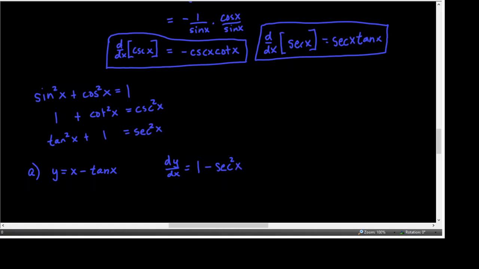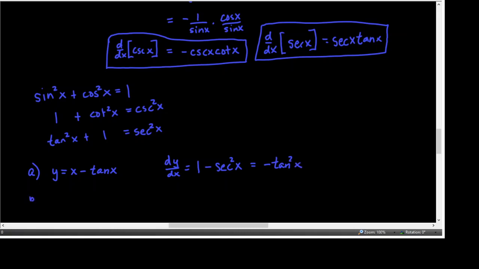And anything that has a squared trig function and addition or subtraction of 1 involved, you might suspect that there's a Pythagorean identity that could be used, and 1 minus secant squared x is the same thing as the opposite of tangent squared x.